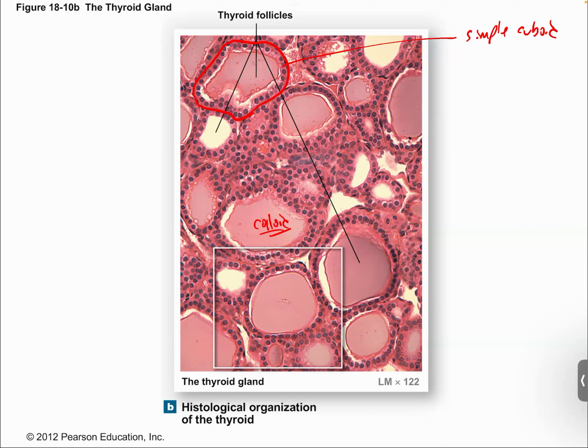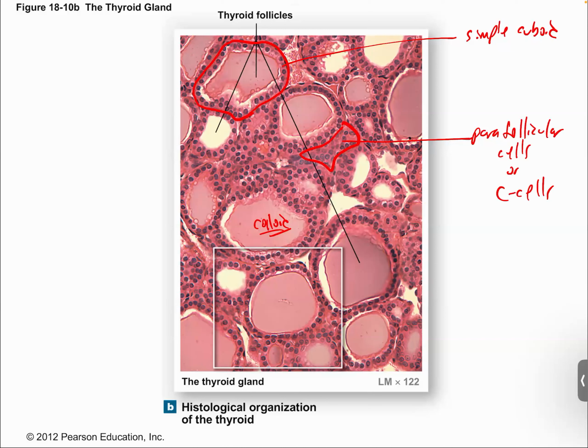But notice, I'm going to draw your attention to another group of cells, the cells that aren't part of a ring. Right. So for instance, if you take a look at this kind of big mash of cells right in here, you can see it's in between two different rings. These are what's called the parafollicular cells, or the C cells.